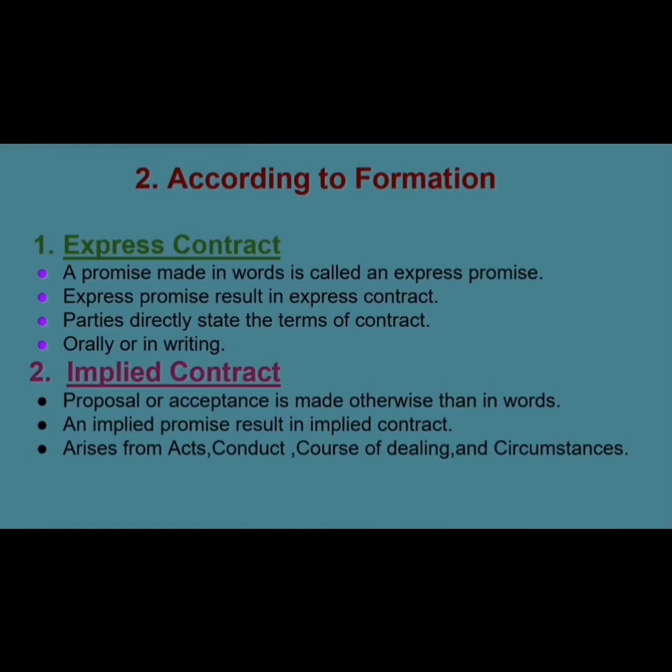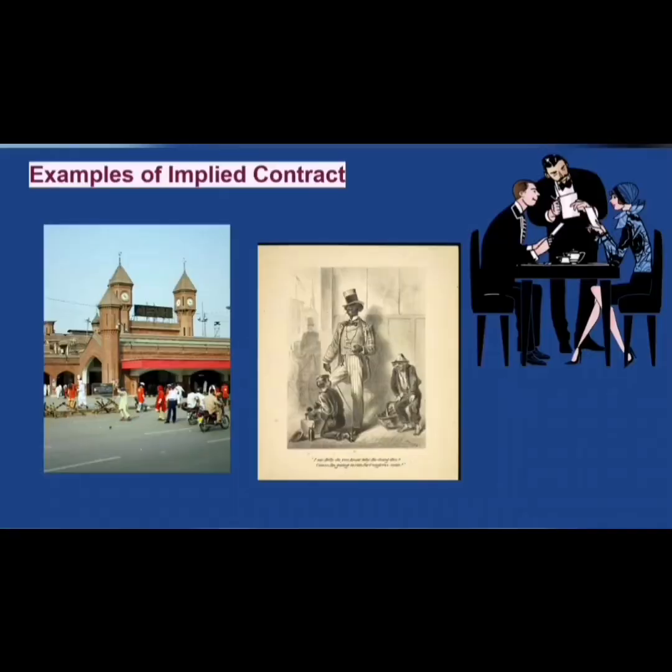Such contract arises from acts, conduct, course of dealing, and circumstances. So you noticed there are certain acts of the parties, or due to the conduct of the parties, or course of dealing of parties, or circumstances that establish such types of contract named implied contracts.